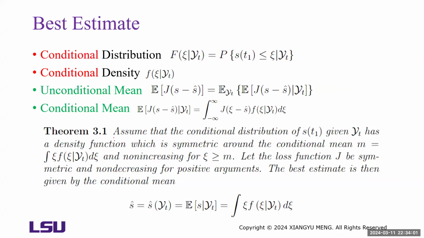Theorem 3.1 states that the conditional distribution is symmetric around the conditional mean and non-increasing for c greater or equal to m. For a normal distribution, the center is the mean. The normal distribution satisfies the condition of 3.1 regarding the density function.